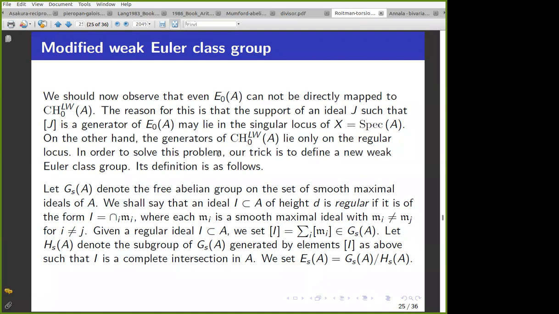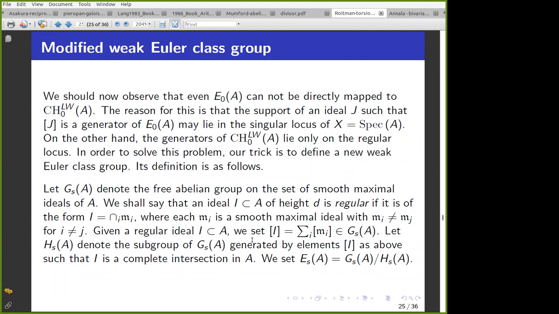So with the trick we play, we define a new version of weak Euler class group. Let GS of A denote the free abelian group on the set of smooth maximal ideals. So we don't take some arbitrary M primary ideal. We just take a smooth maximal ideal, just like in the Levine-Weibel Chow group. We shall say that an ideal I of height D is regular if it is of the form intersection of Mi, a finite intersection of course, where each Mi is a smooth maximal ideal, and Mi is not equal to Mj for i not equal to j.